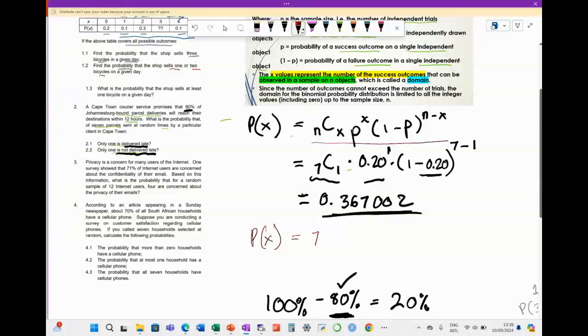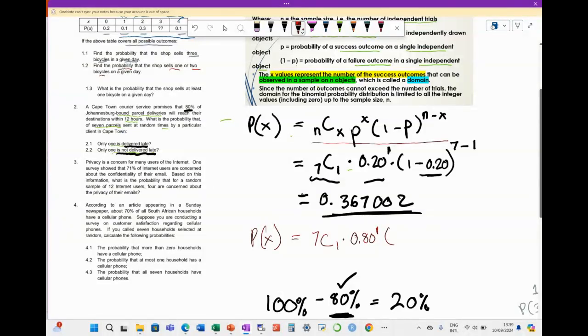Still have 7 objects, or potential outcomes or observations, okay? C, X is still 1, okay? But now P is going to change because the success probability is now 0.8, okay? It's now about the deliveries being on time, to the power 1, because it said only 1 is not delivered on time. Also, only 1 is delivered on time.